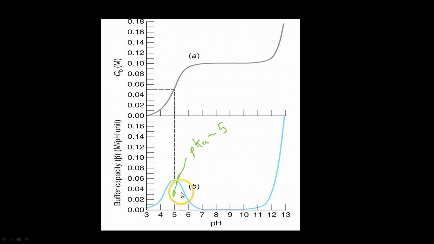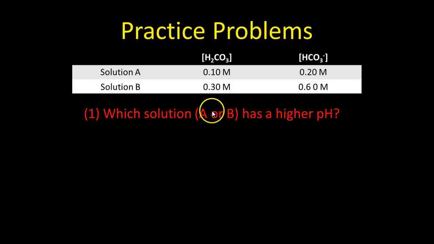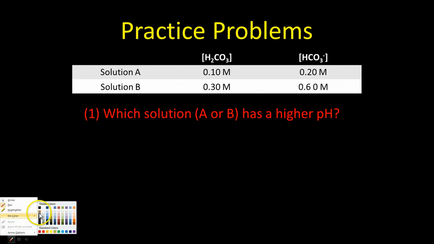Buffer capacity is going to depend on the pH that you're using, so that's going to depend on the pKa, but it's also going to depend on the concentration of the species that you have. I'll show you what I mean by that with a couple of practice problems. Let's say that we have a couple of solutions here, made of the same components, but different concentrations of them.